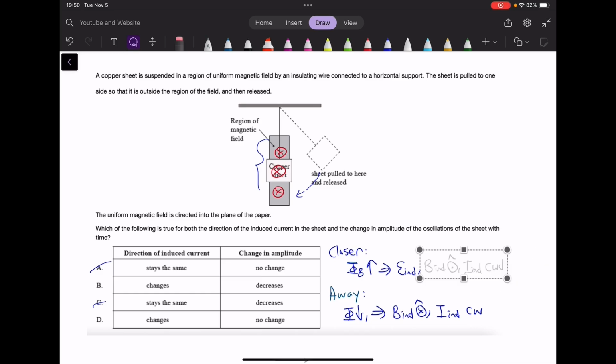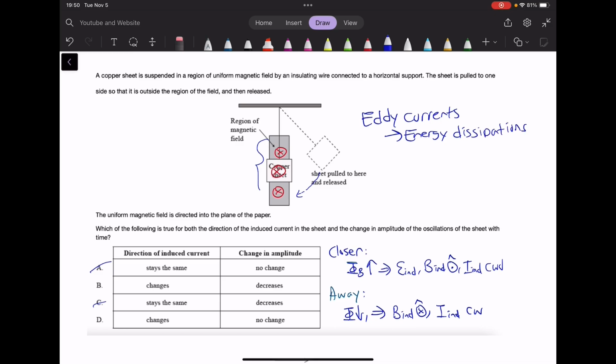So intuitively, it makes sense that there will be energy dissipation, which causes reduction in amplitude. But more rigorously, there's gonna be eddy current. And eddy current causes energy dissipation.